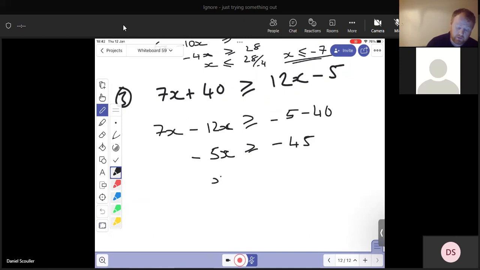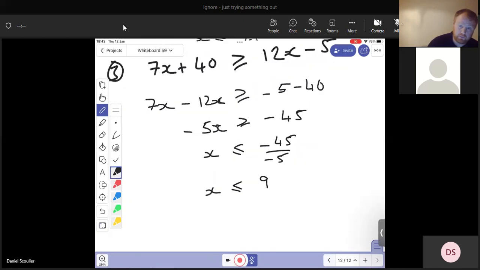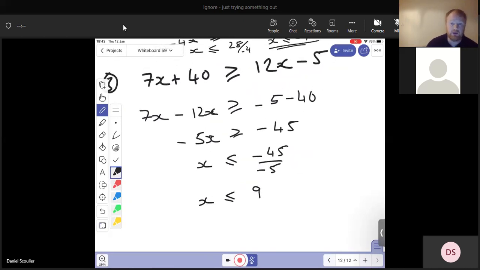That negative 5 gets moved over. Because it's a negative, the symbol flips. Negative 45 divided by negative 5. A negative divided by a negative will give a positive, so positive 9. So there's a few things that might catch you there. In regards to inequalities, that's essentially it.